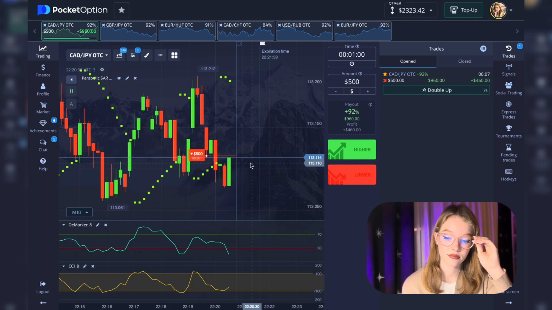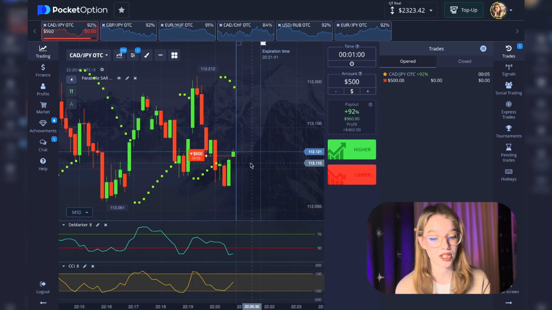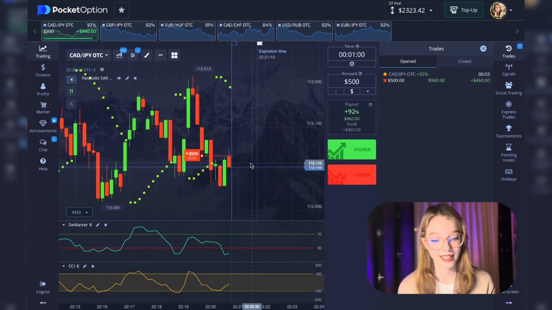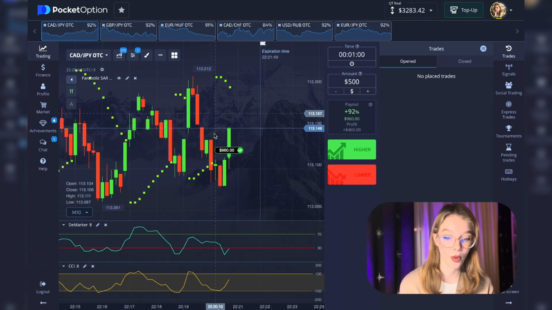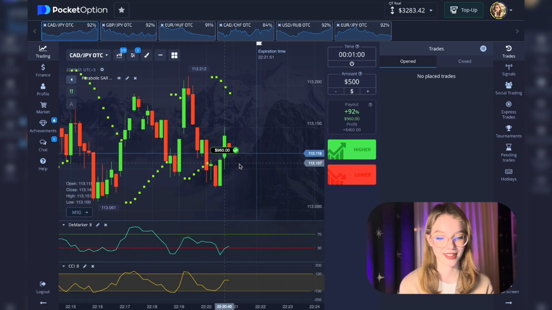For the DeMarker indicator calculation formula, only extremums are taken, that is, absolute minimum or absolute maximum for the specified time interval. This allows to exclude false signals.